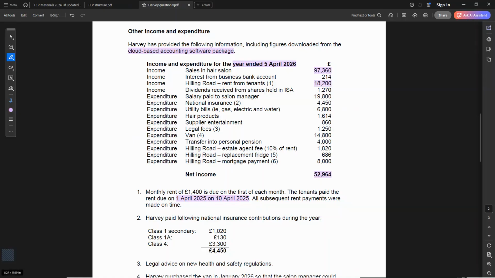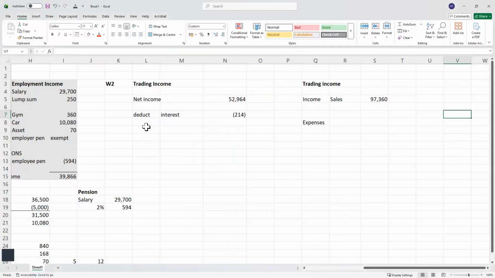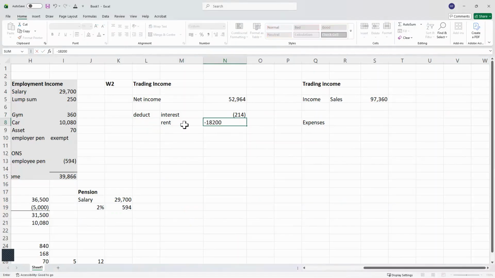So the way we need to reflect this in our trading income is that for the method where we start with net income, we're going to need to deduct the rent that was included, which was £18,200, and then we're going to need to bring in the taxable amount under property income.